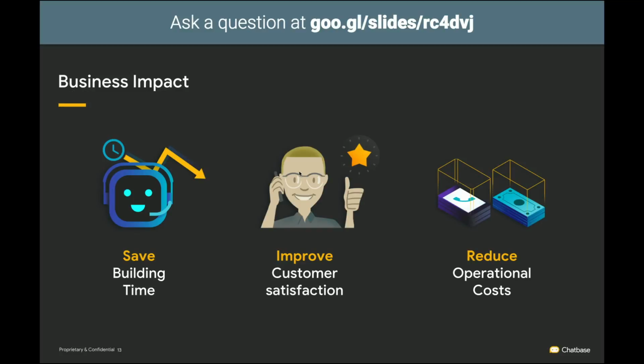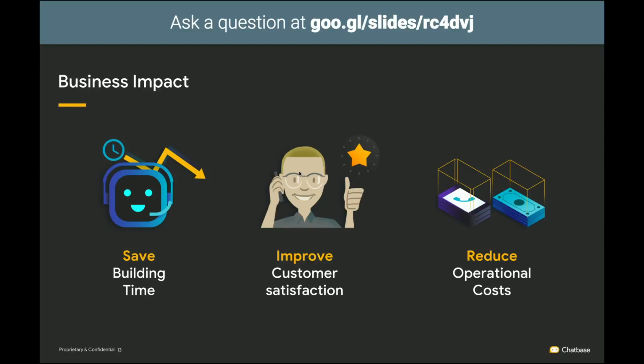So the impact of building virtual agents in this data-driven way is that it really can save you a ton of time on the building side. We were able in a couple hours to create a flow that would have taken weeks to create otherwise. And so that's pretty incredible that you can speed up the bot building.